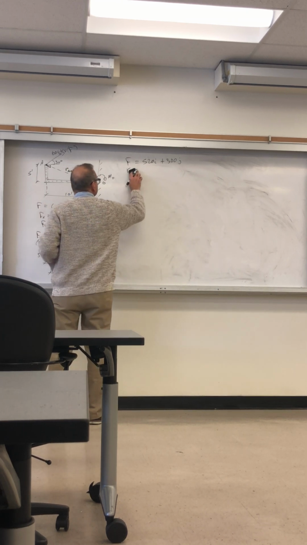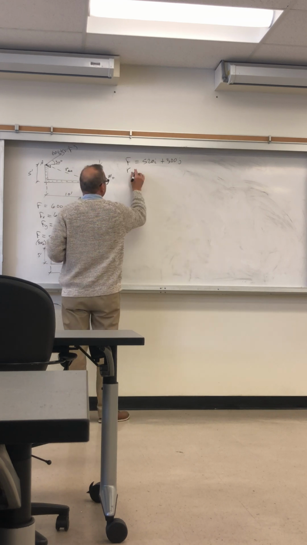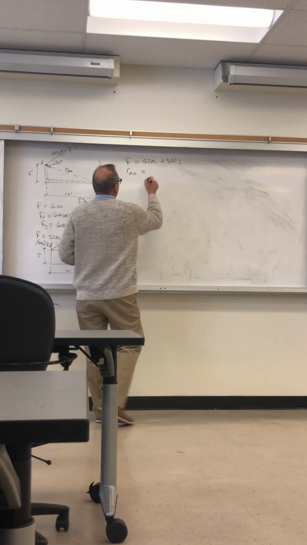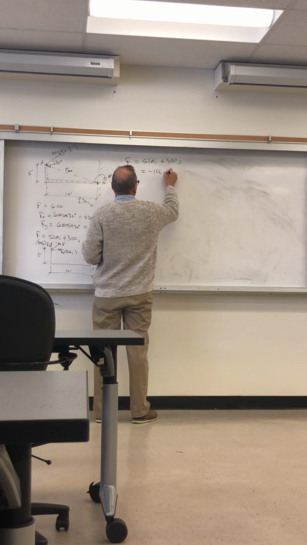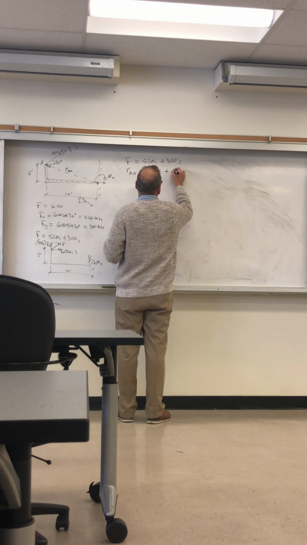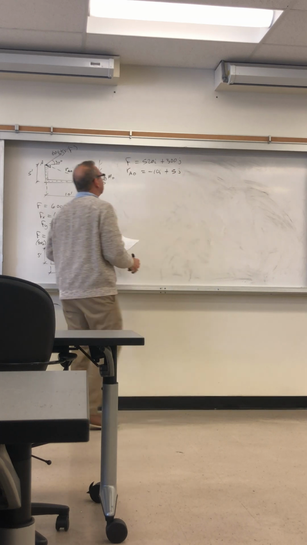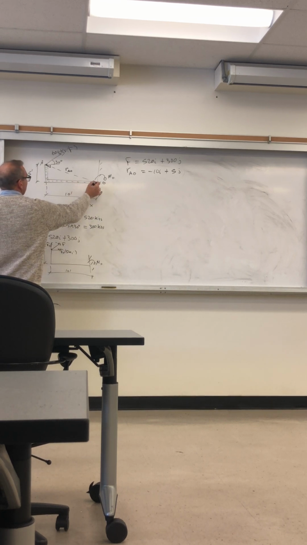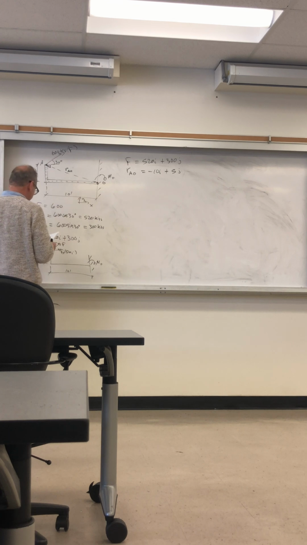R sub AO is minus 10I plus 5J. So that's the position here.